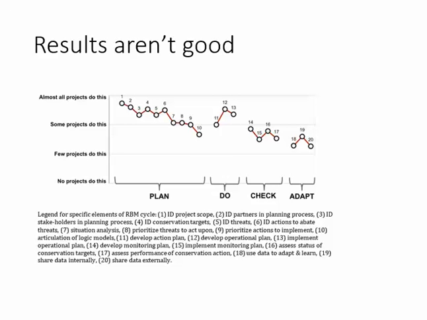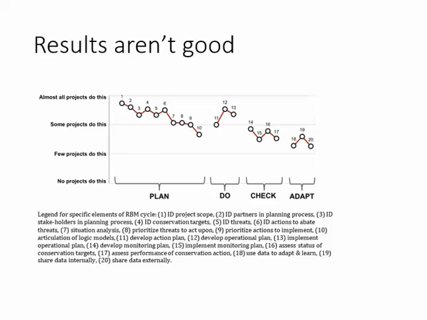And this is perhaps the most sobering result he had. He classified respondents into high to low frequency. Almost all projects do this. Some projects do this. Few do this. No projects do this. You start on the left and move over to the right, from planning to doing to checking and adapting.